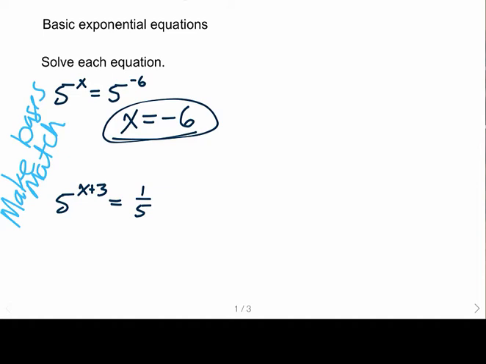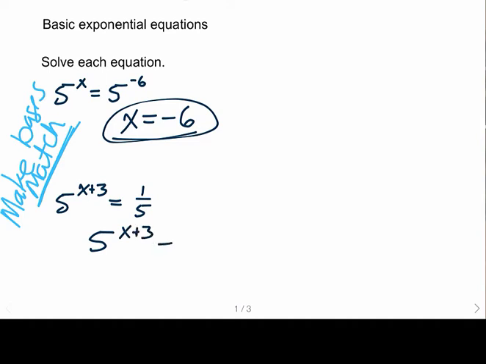5 to the x plus 3 is equal to 1/5. What I want to do is envision both sides as having the same base, making bases match. It seems to me that 5 would be an appropriate base in this case, and so I'm going to write the left-hand side the same, 5 to the x plus 3.